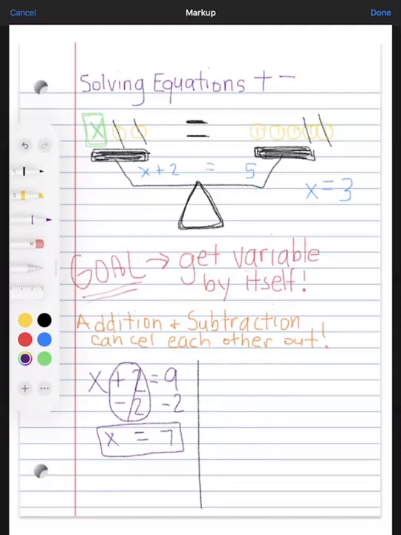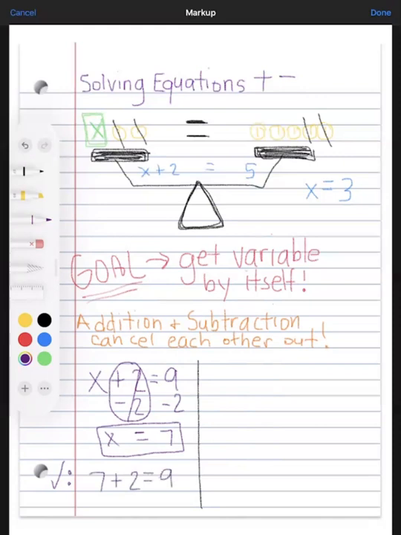But you always want to double check your answer, and it's super easy. You should never get an equation problem wrong because checking it is so easy. So here's how we're going to check. We're going to rewrite the original equation, but this time instead of x, since we know it's 7, we're going to plug in 7. So instead of x plus 2, we're going to write 7 plus 2 equals 9.